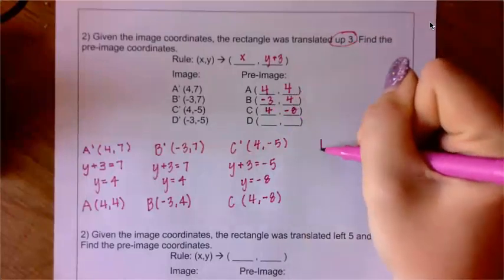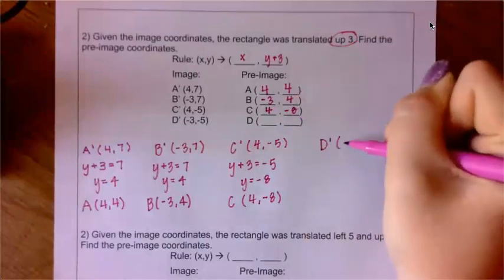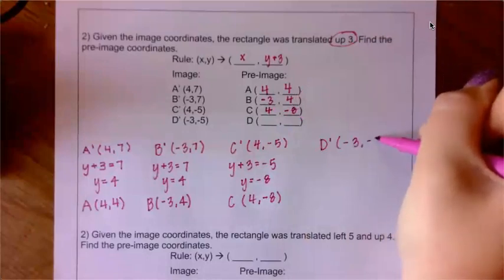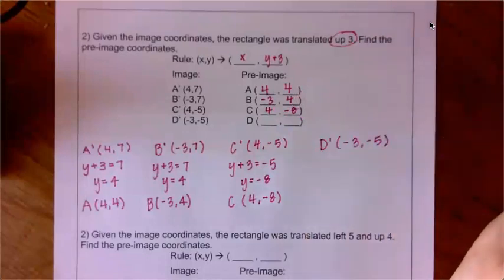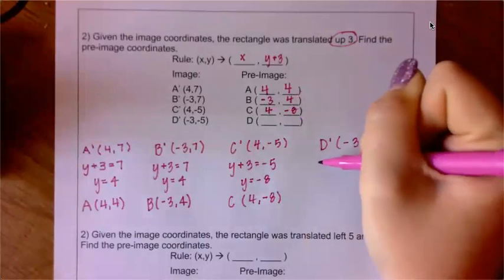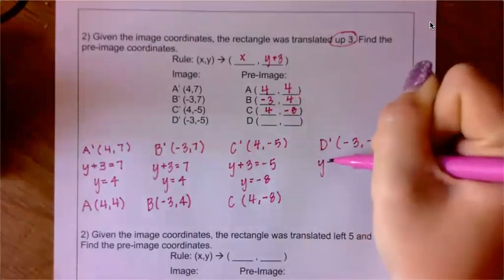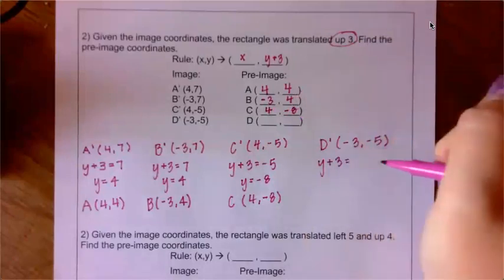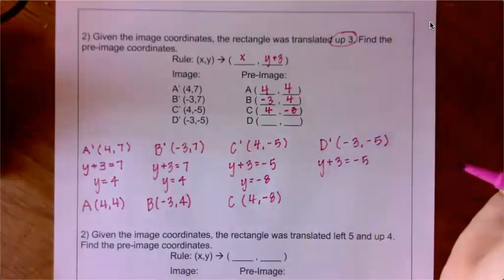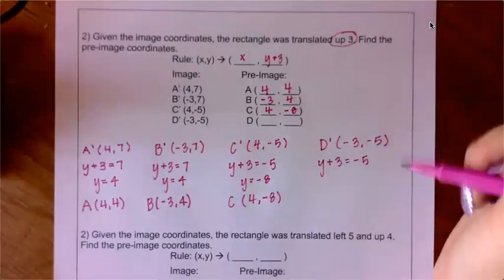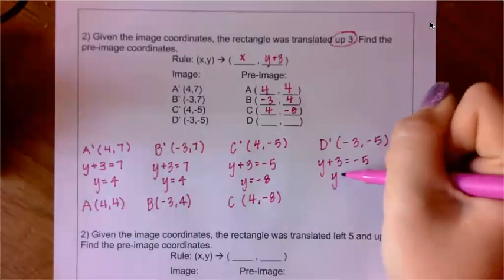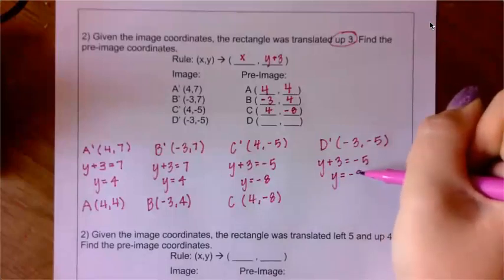Lastly, we have D. So D prime is at -3, -5. When I took my Y value of the pre-image and added 3, it equaled -5. Subtract 3 from both sides. Y equals -8.